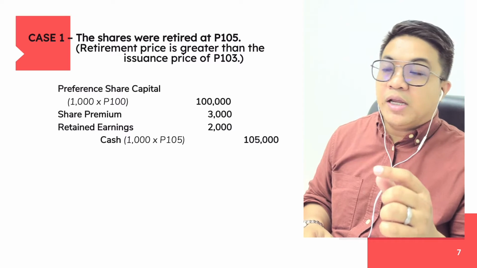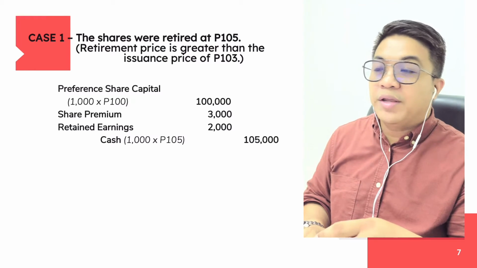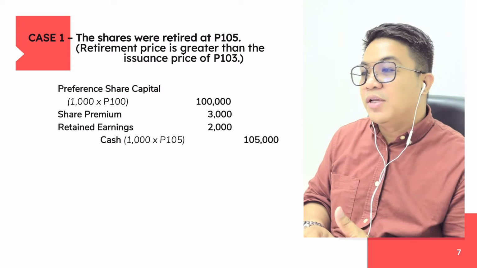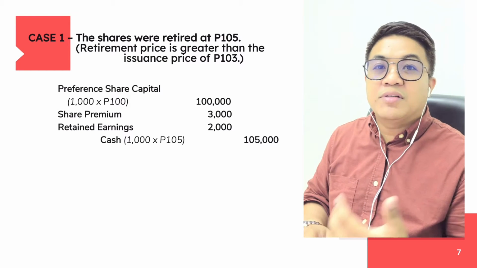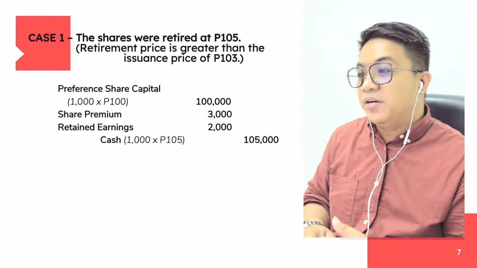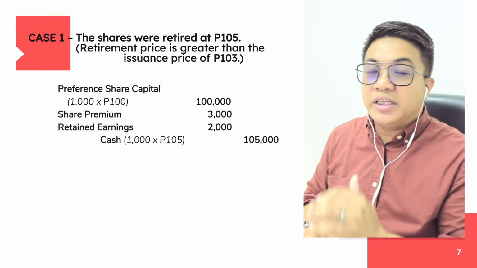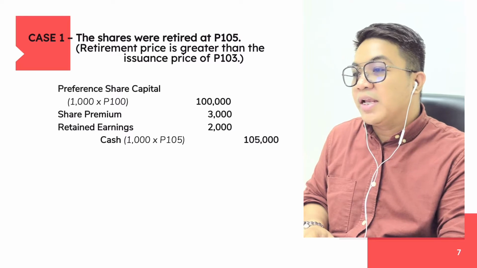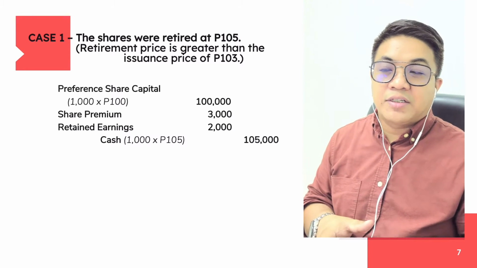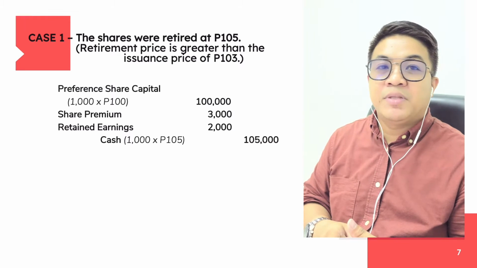And the difference between 103 and 105 is 2 pesos. We multiply it by 1,000 shares, then debit that to retained earnings. Then the total we credit to cash, because the corporation will pay out cash for the retired share.